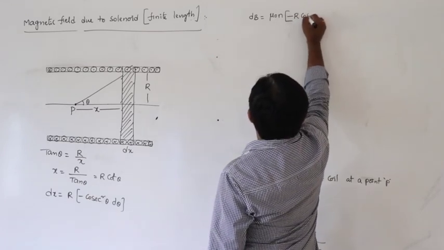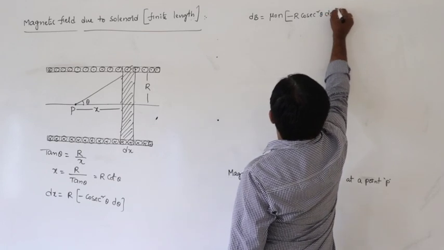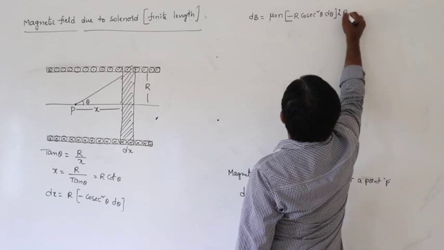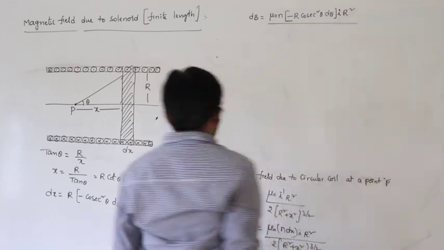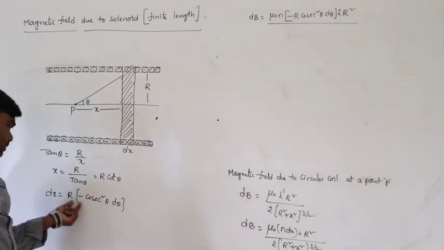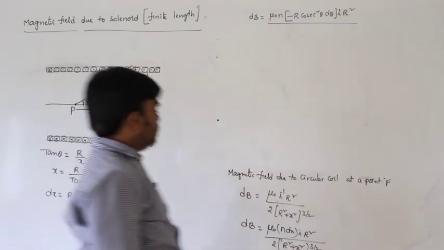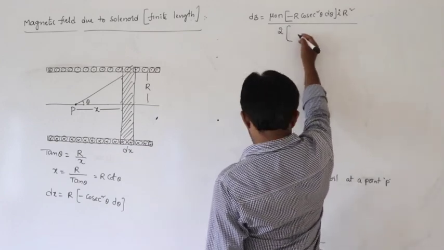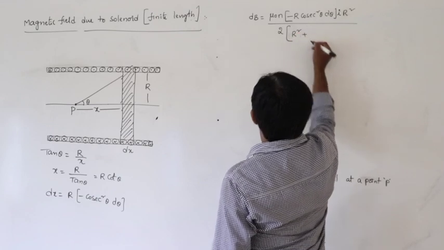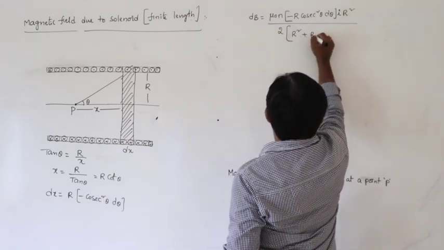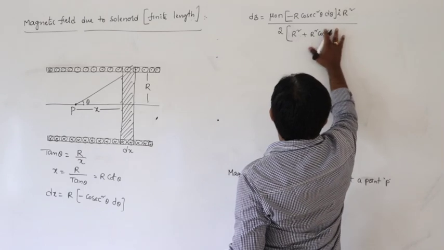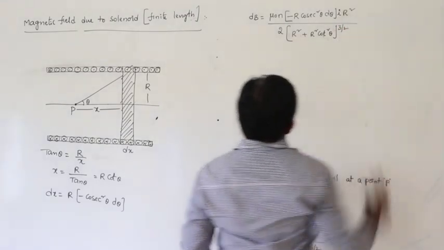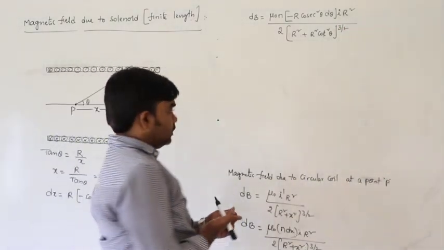Minus r cosecant square theta d theta, into r square into I, divided by 2 into (r square plus x square), where x is r cot theta, that is r square cot square theta, whole power 3 by 2.